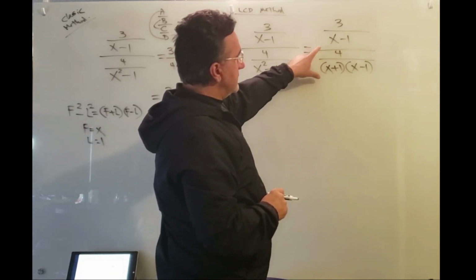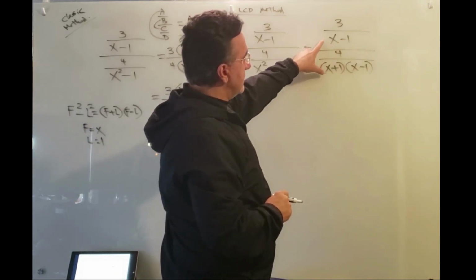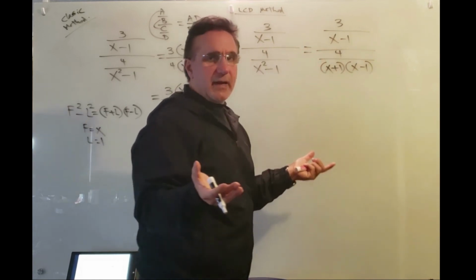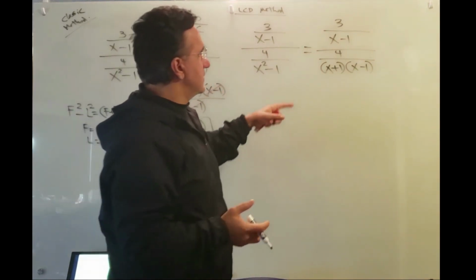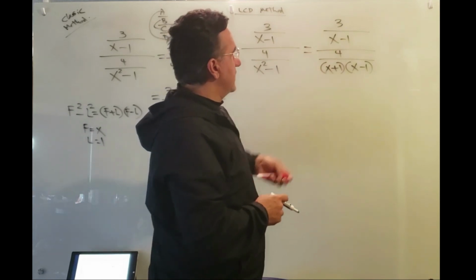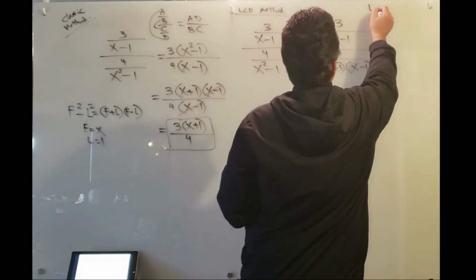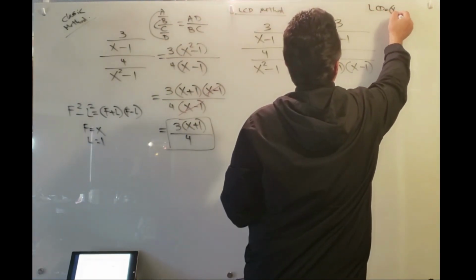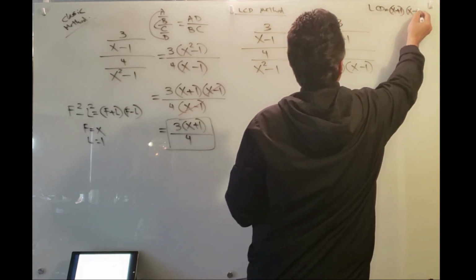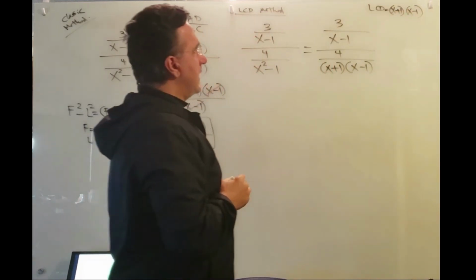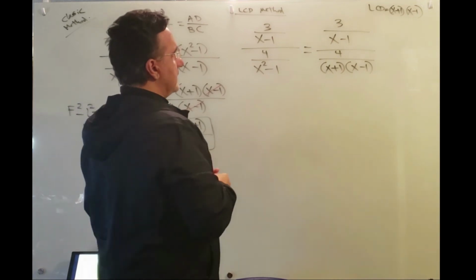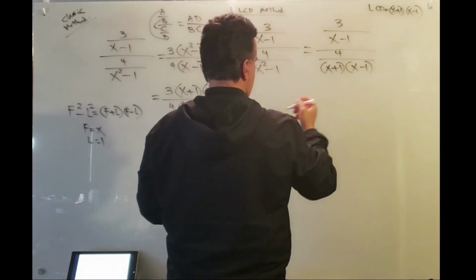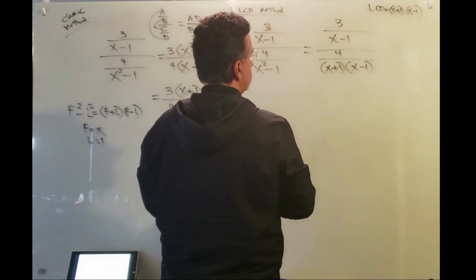And notice the LCD here is simple. You remember, you multiply the highest power of all factors. So basically, it's going to be x minus 1 times x plus 1. Let's keep record of it here: x plus 1 times x minus 1. Now we're going to go ahead and do the fraction product.